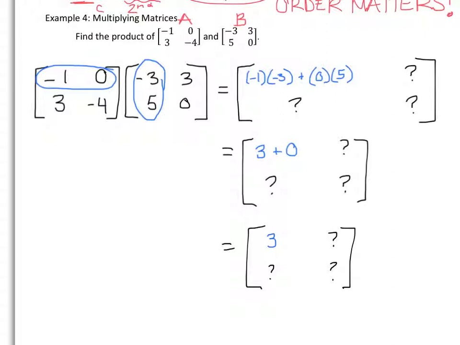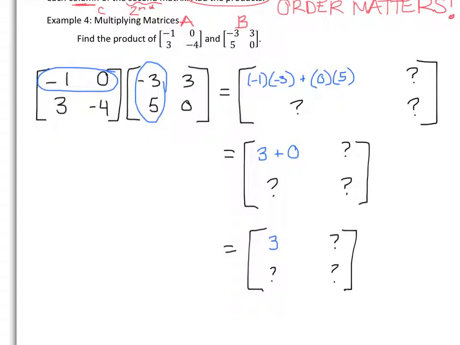Now let me go back and retrace our steps. We took the first row and the first column, and together it gave us the row 1, column 1 element. In that, we took first element times first element, and then added second element times second element. That's where we got -1 and -3 here, and 0 and 5 here. We simplified and added them together. So there's a fourth of our problem.